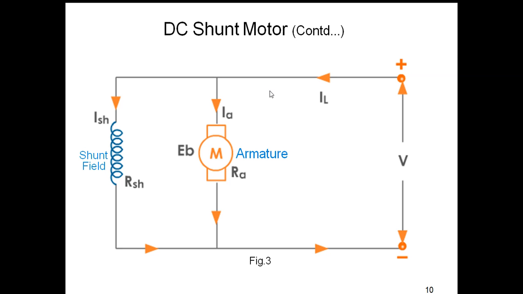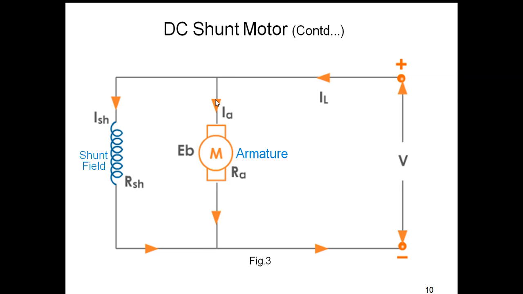In this diagram, you can see the DC shunt motor. The shunt field and armature are connected in parallel, and the current IL gets divided into two parts. Here we can see the IL.